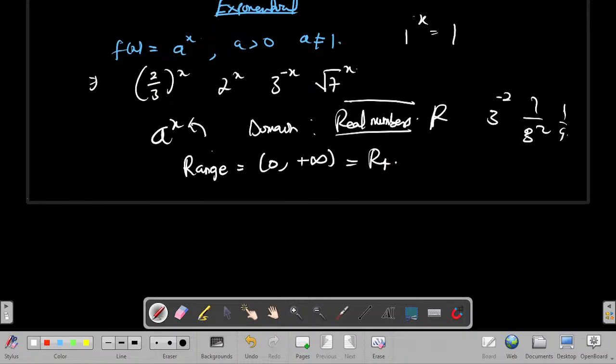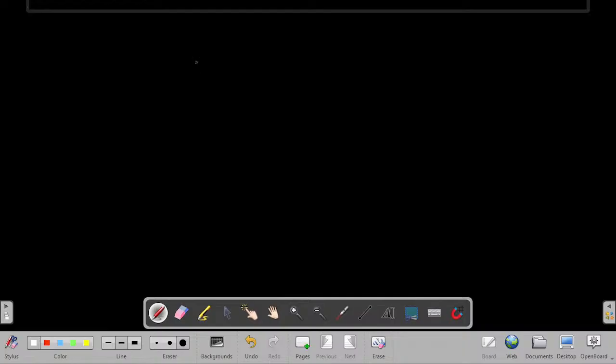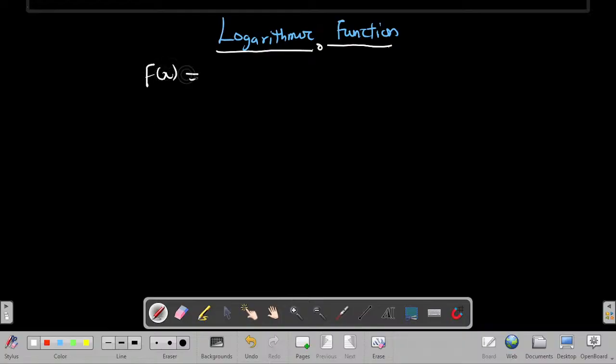Let's talk about trigonometric function. Sorry, logarithmic function. When we talk about a logarithmic function, it's any function in the form f of x is given as log to the base of a constant a of the function x, where a is greater than 0 and a is not equal to 1.